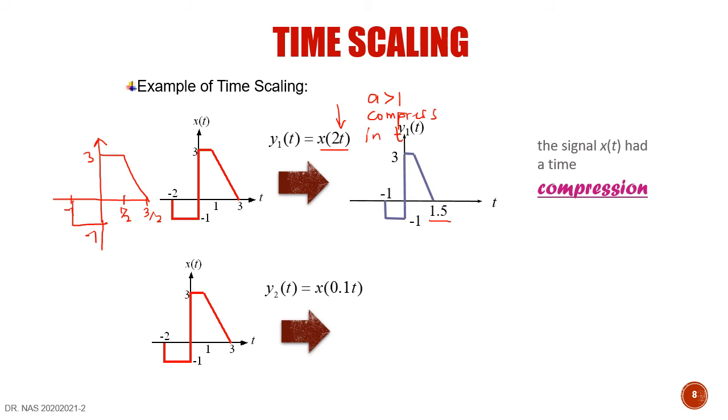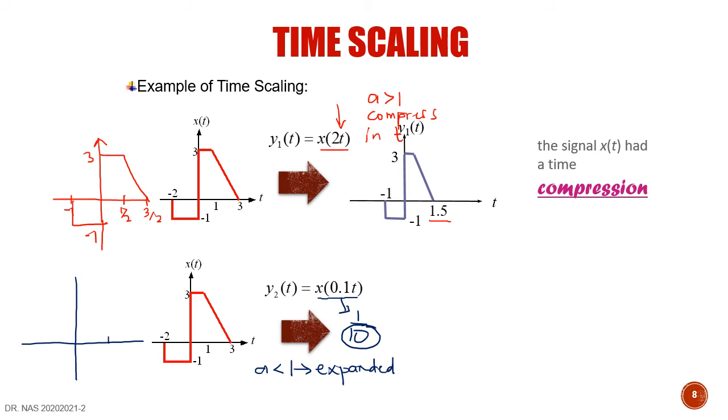Let's look at the second example, x(0.1t). You know that in this case a is less than 1, so the signal will be expanded in the time domain, in t, sorry. Let's draw the t. By how much? 0.1 is equal to 1/10, so the signal will be expanded by 10 times.